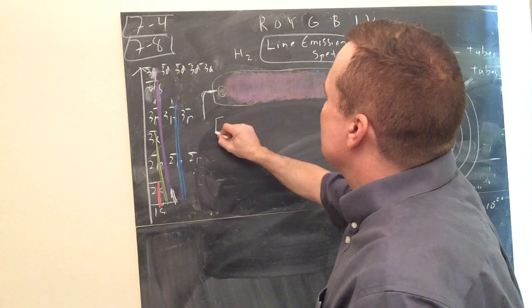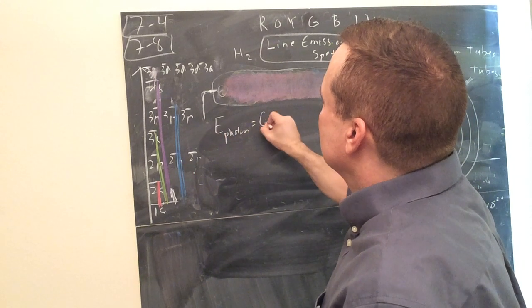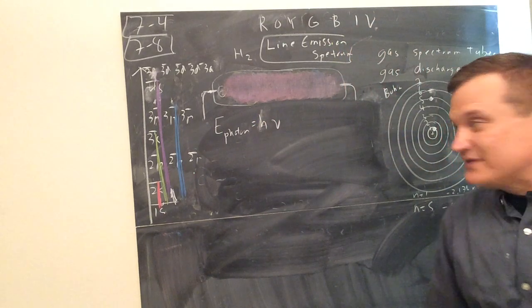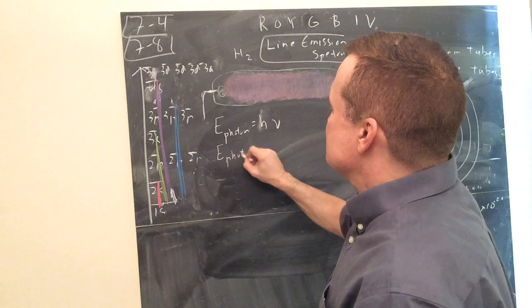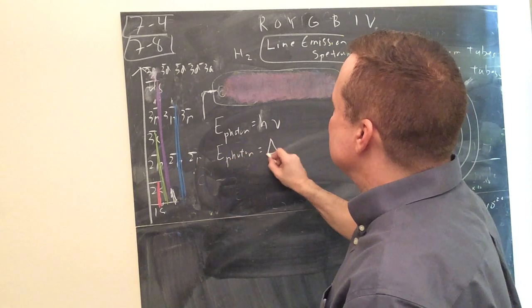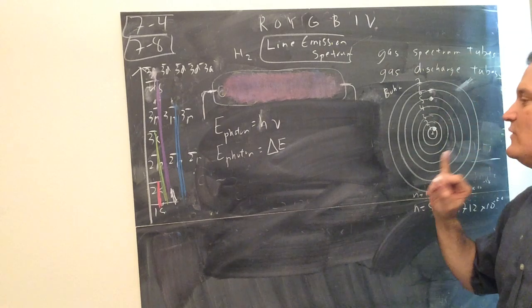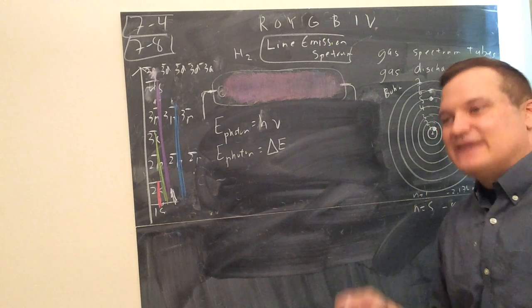So the energy of the photon, remember we talked about this equation? Energy of the photon equals hν. Well, there's another way to calculate the energy of the photon, and that's going to be equal to the change in energy levels, the change in energy from level n final minus n initial.